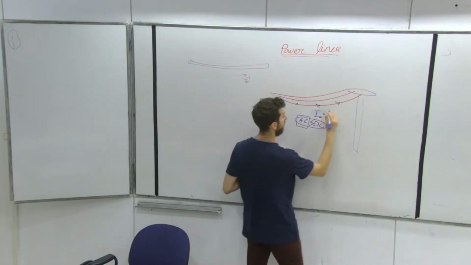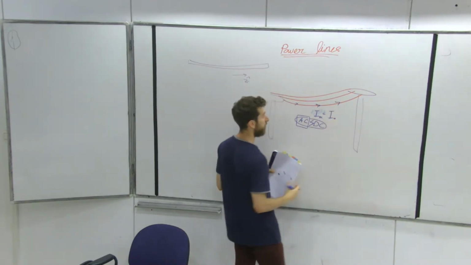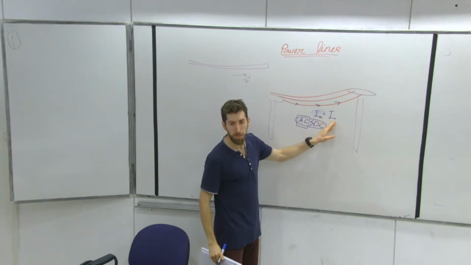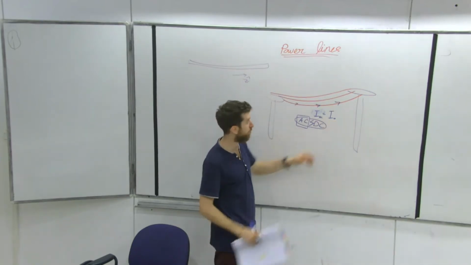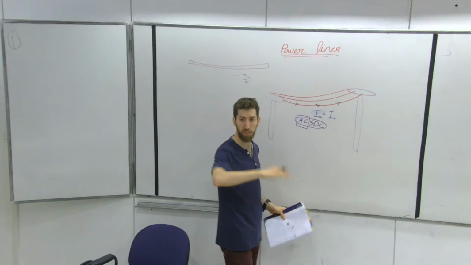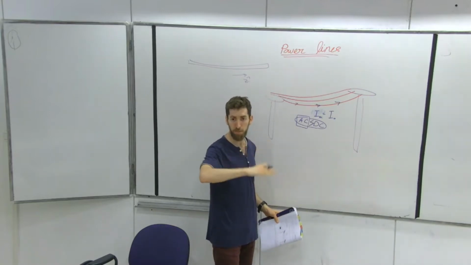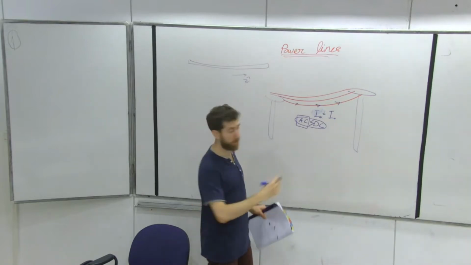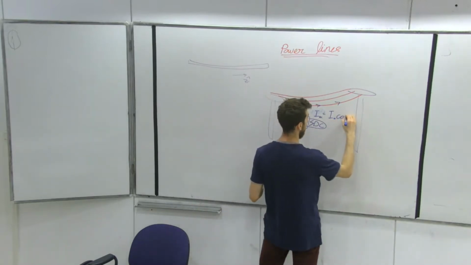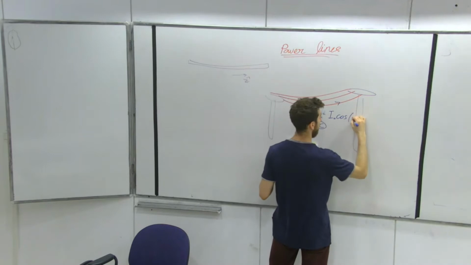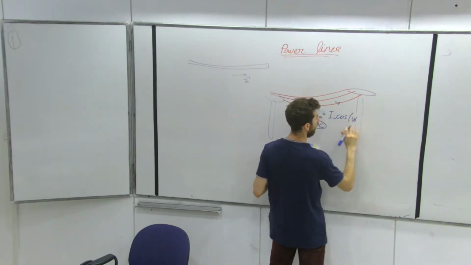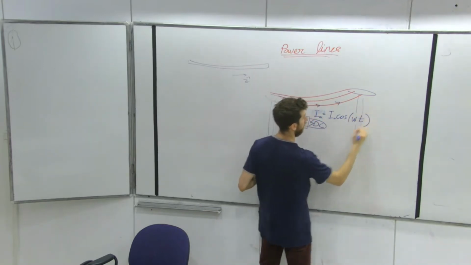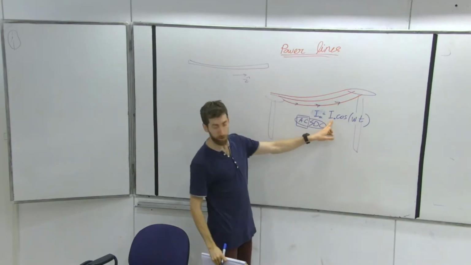And we have the signature I0, which is the amplitude, the maximum value the current can get to. And it oscillates. How can we do stuff that oscillates in math? Cosine, sine. In this case, it's cosine, but it doesn't matter. And this is the angular frequency, omega, times t. Okay, so this is the amplitude.